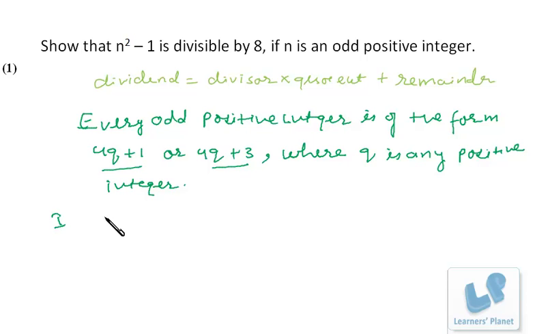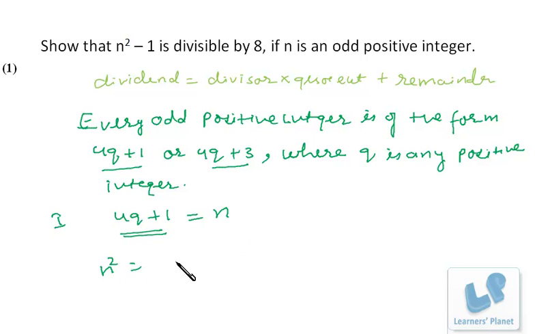First case is when the odd integer is in 4q plus 1 format, right? I take this integer as n. So this is an odd number that can be written as 4q plus 1. First of all, let's calculate n square.